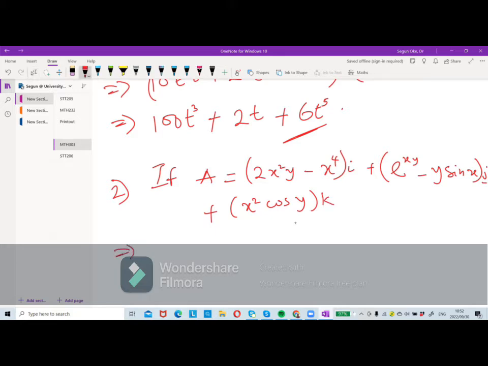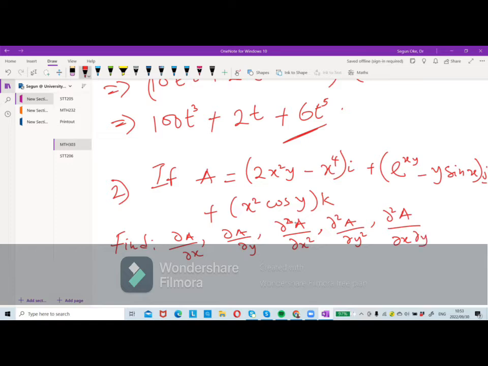So I will take my time to explain the first derivative. They now ask us to find the partial derivative of A with respect to x, find the partial of A with respect to y, find the second partial of A with respect to x squared, the second partial with respect to y squared, the second partial with respect to x then y.